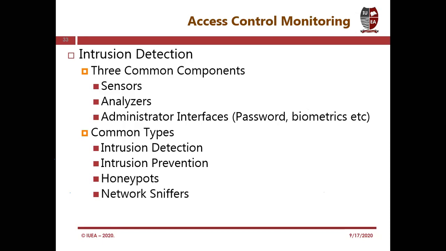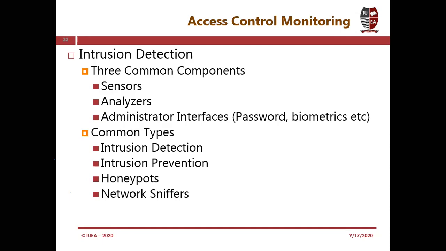Then we are going to look at intrusion detection. I don't know that we shall have time, but I'll leave for you the notes so you can read through them in case we don't cover it. Intrusion detection basically senses in case someone tries to illegally access your system. We have sensors, we have analyzers, we have intrusion prevention systems, like every antivirus has that.